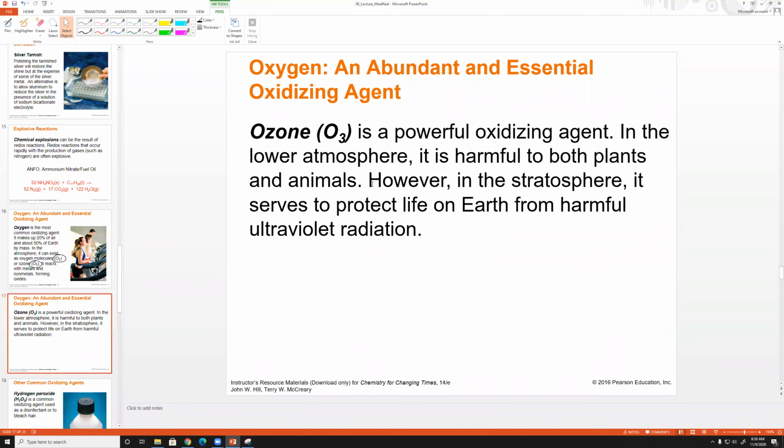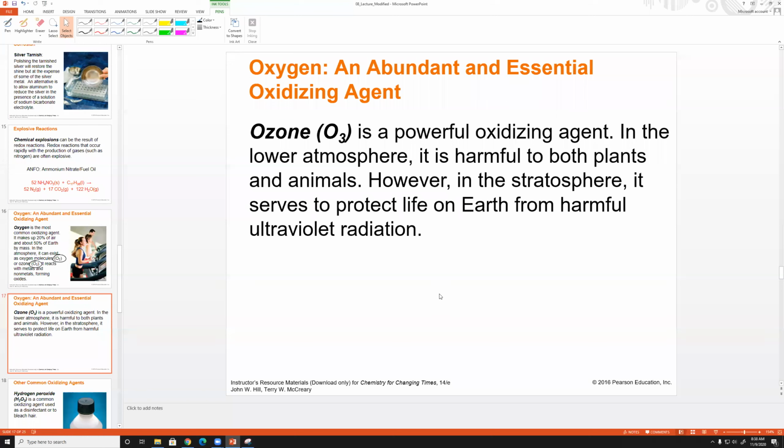And here's just the importance of it. It serves to protect life on Earth from harmful UV radiation. Okay, so some of the UV radiation still gets in from the sun, but not the higher energy particles. But still, the ozone layer is back. There's no hole anymore. And that's something that people don't report on.